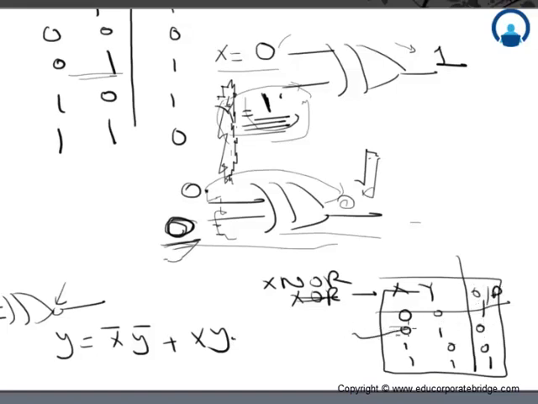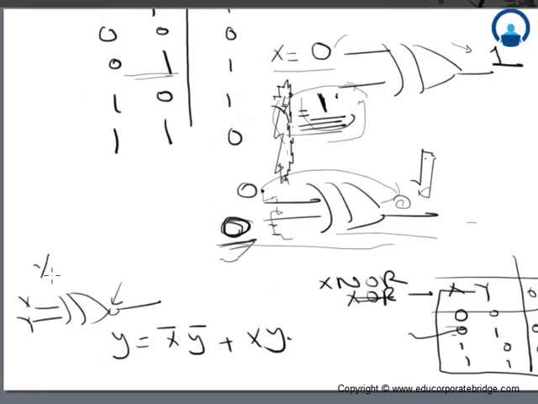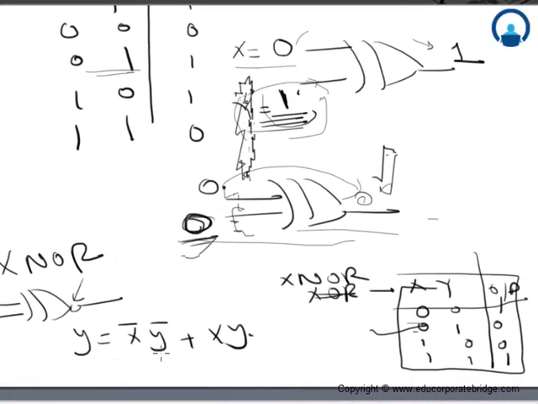Let us work out with this value. The equation is X bar Y bar plus XY, which is the equation for the XNOR gate. So let's take the case where X is 0 and Y is 1. Therefore X bar will be 1, Y bar will be 0 as Y here is 1. Similarly XY is 0. Therefore the output here will be 0.